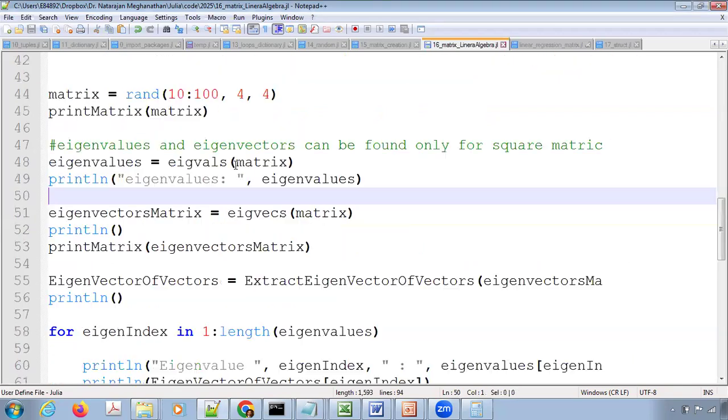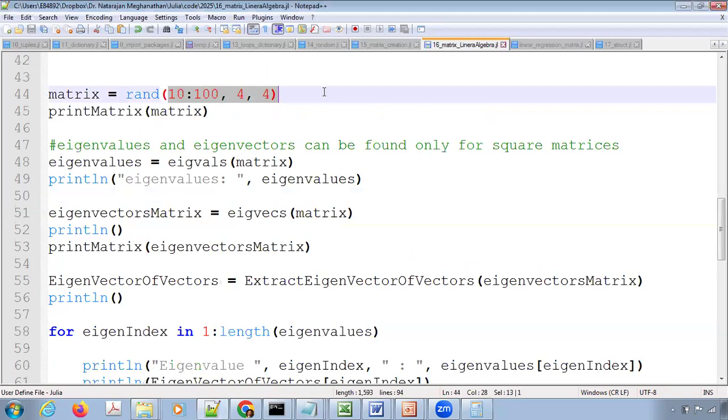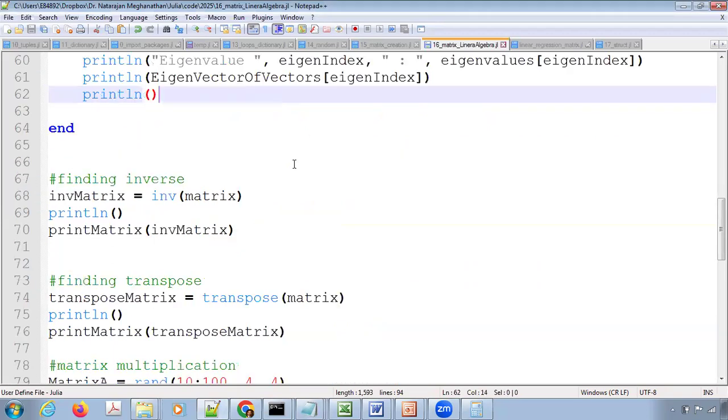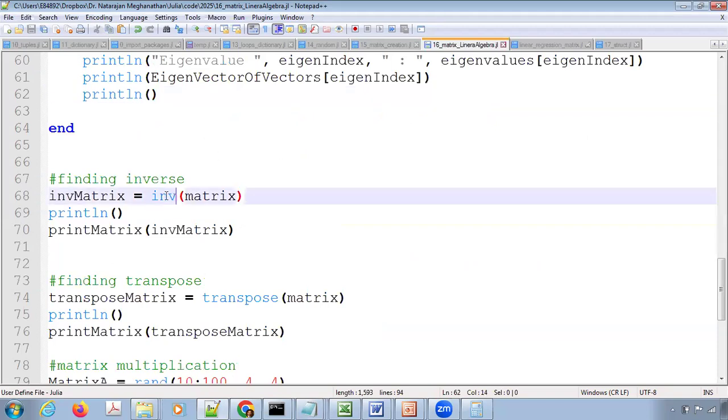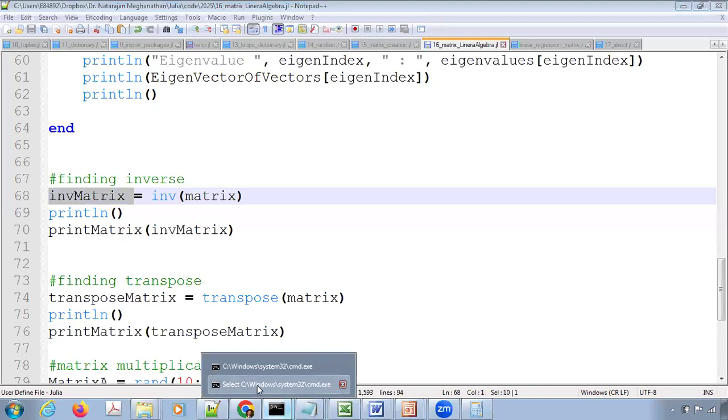So we have created here a matrix of random integers, in this case a 4 by 4 matrix of random integers in the range of 10 to 100. I call the INV function on that matrix. It returns this inverse matrix, and I'm printing that inverse matrix here.